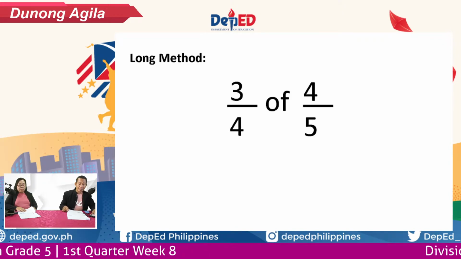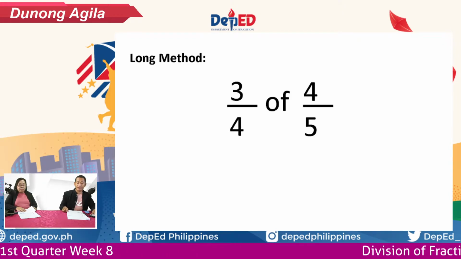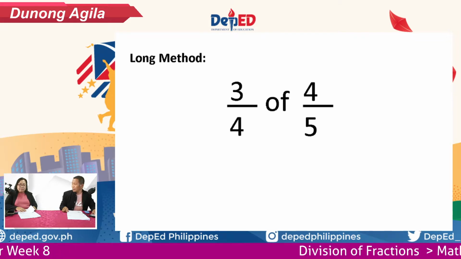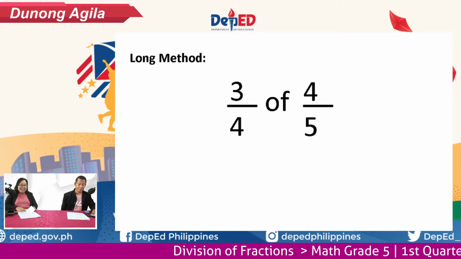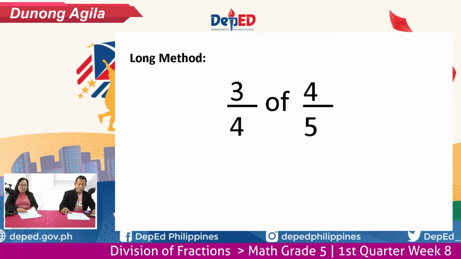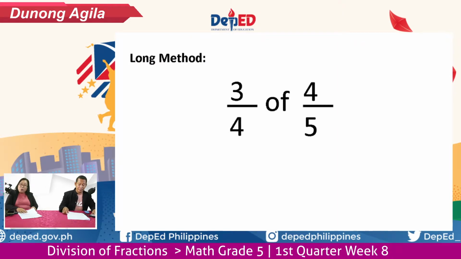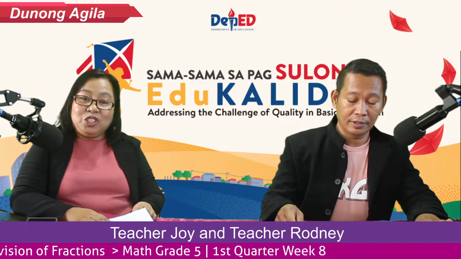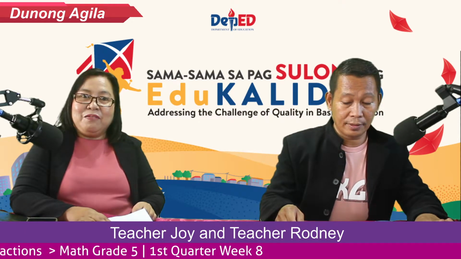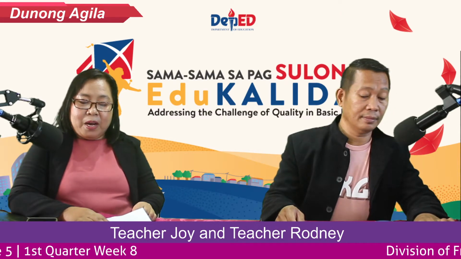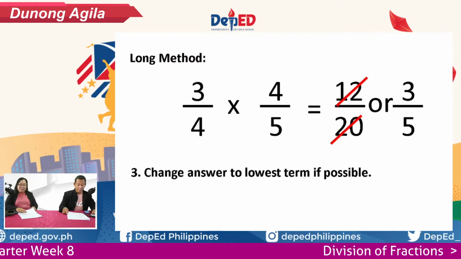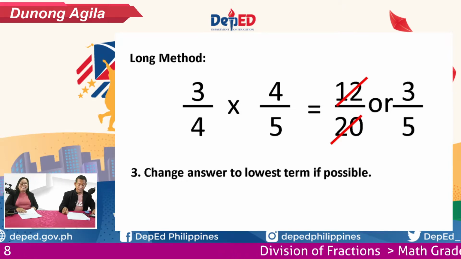The last step is to change the product to lowest term if possible. Is our product already in the lowest term, Ma'am Joy? Not yet, Sir Rod. There is still a GCF that could divide 12 and 20, which is 4. So when we divide 12 and 20 by 4, it gives a product of 3/5. And that will be our final answer.